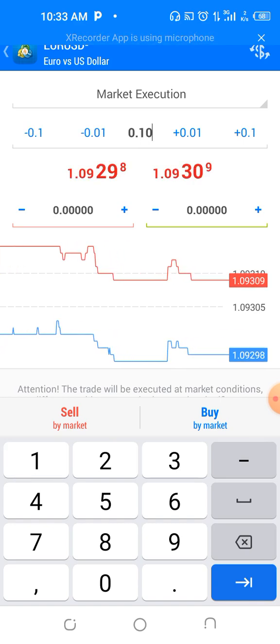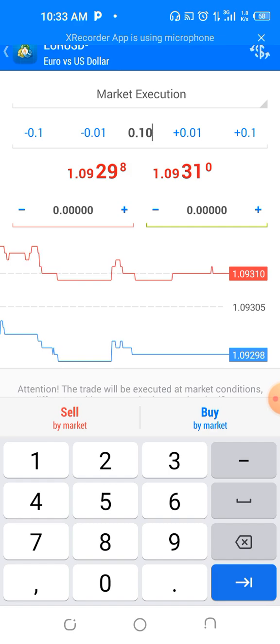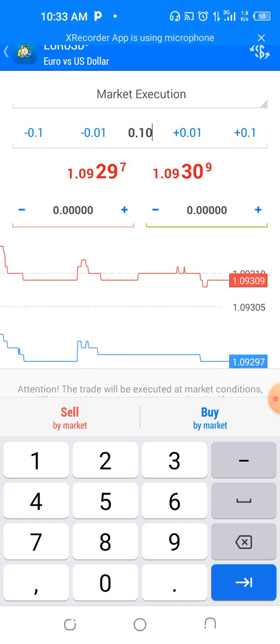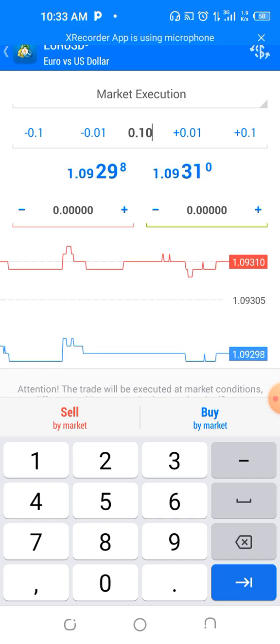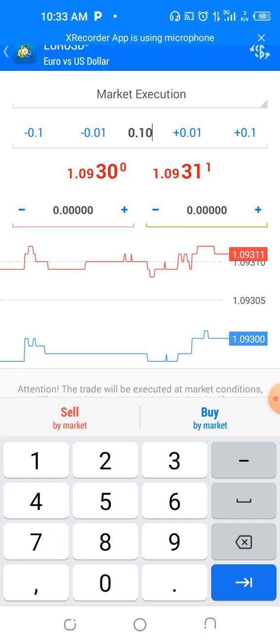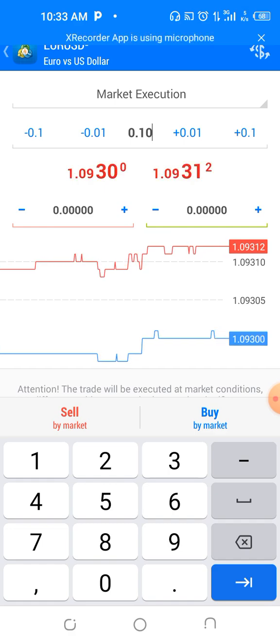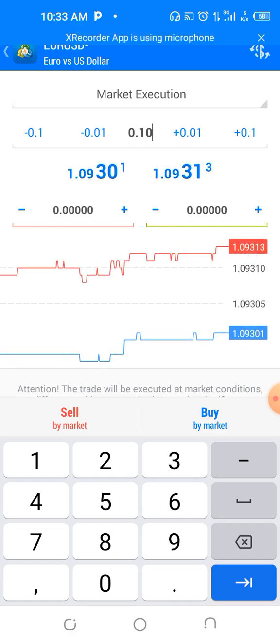Now, 0.1 here is a mini lot. When you're taking a 0.1, the interpretation is that each movement takes or gives you $1, because 0.10 lot size here represents $1 per pip.